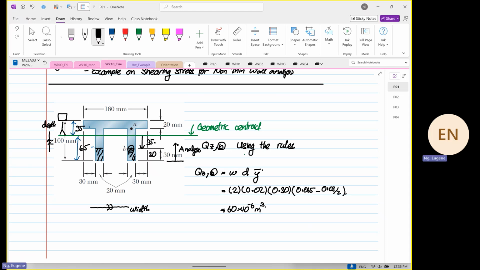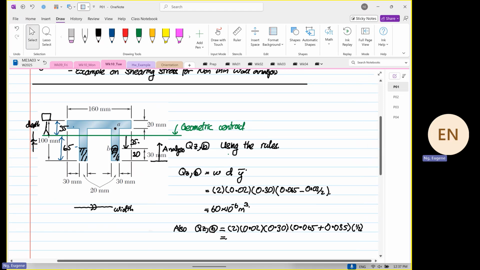You can also do this, okay? You can do 2 multiplied by the same thing. And if you use the equation that we derived, this will be equal to 0.065 plus 0.035, and then the whole thing multiplied by half, and the answer will be the same.